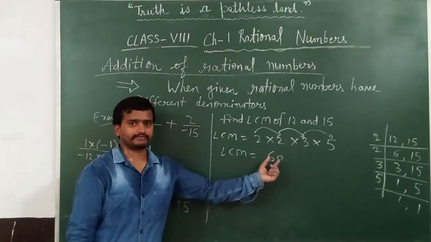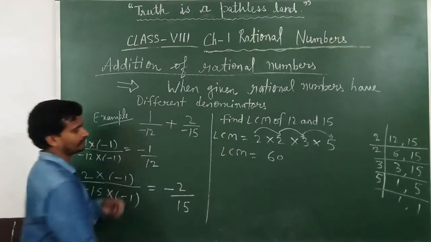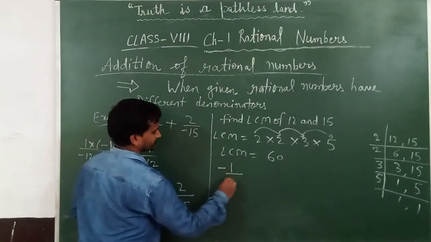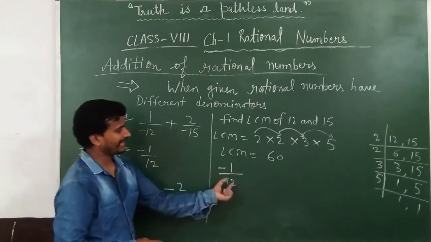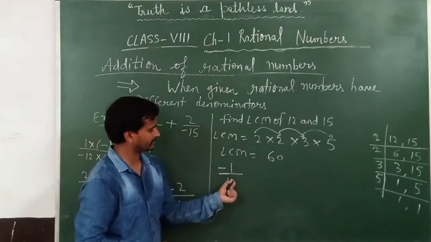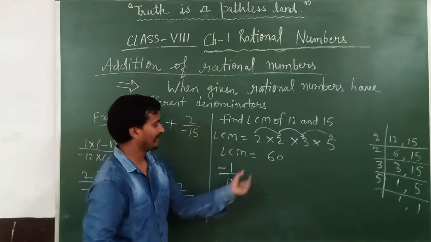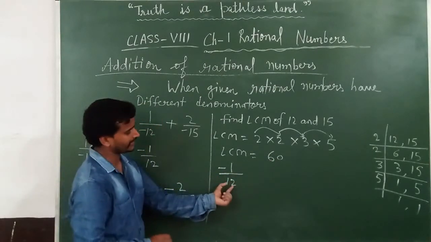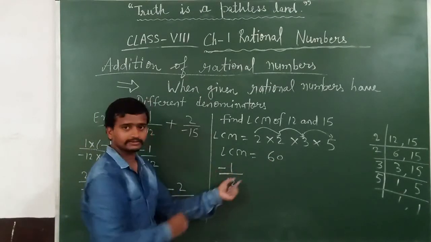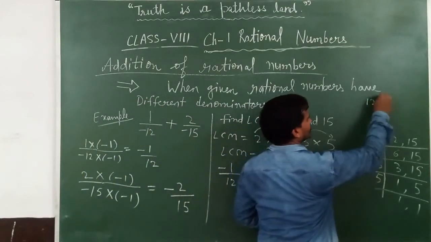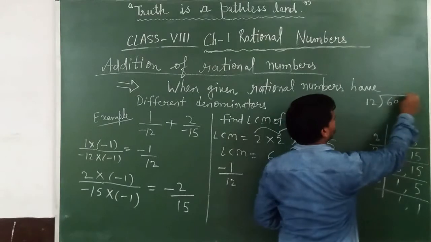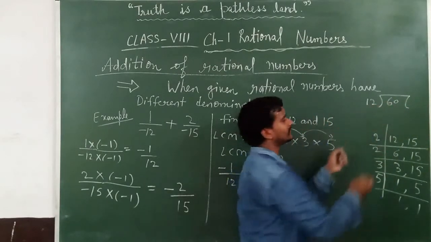Now we will make both denominators equal to this LCM, that is 60. So minus 1 upon 12: we have to make the denominator equal to 60. By which number do we have to multiply so that it becomes 60? We can check by dividing 60 by 12, which is 5 times.